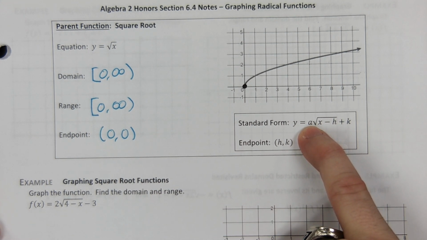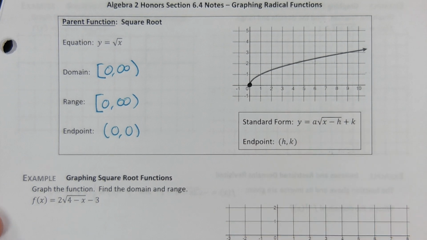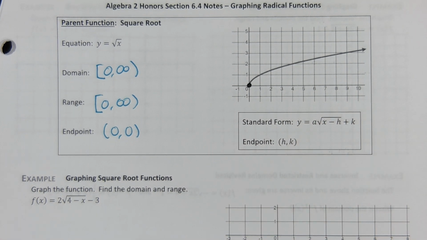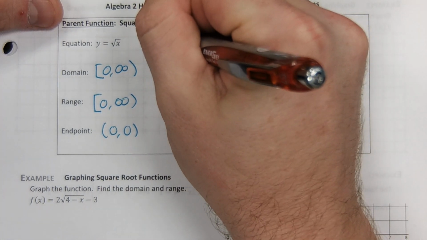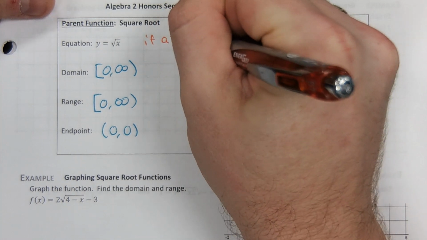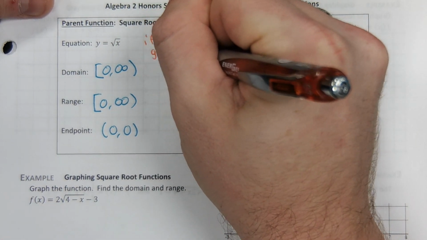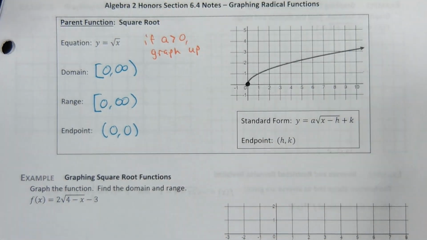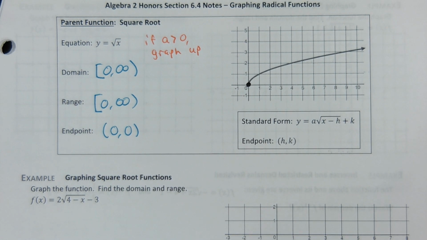So just like quadratics, if the front number is positive, the graph points up. And if the front number is negative, the graph points down. Let's go ahead and write that in here. Let's see. If a greater than 0, graph up. It's supposed to go up.